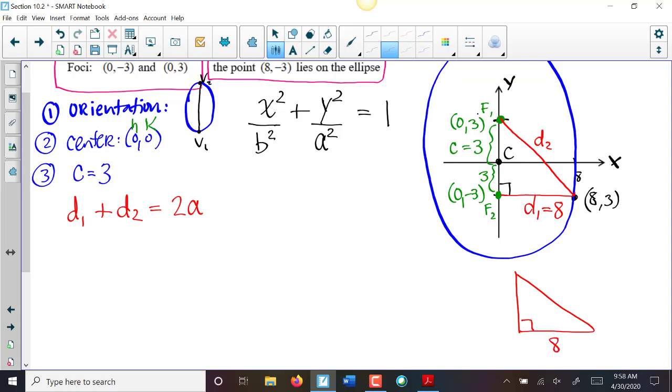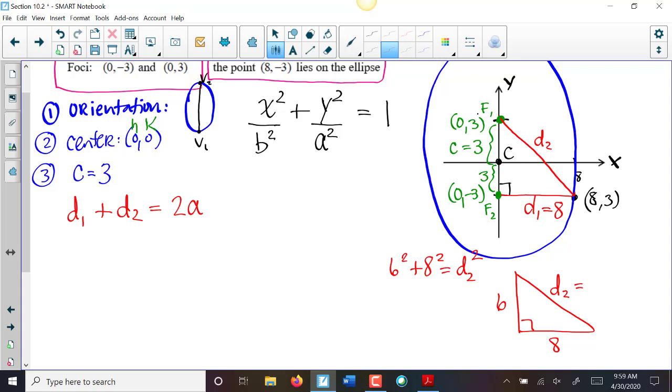So I know this is 8, I know this is 6, and I need to find D2, which can be done with the Pythagorean theorem, or I can see that this is an enlarged version of one of my popular right triangles, a 3, 4, 5. But you could use the Pythagorean theorem: 6 squared plus 8 squared is D2 squared.